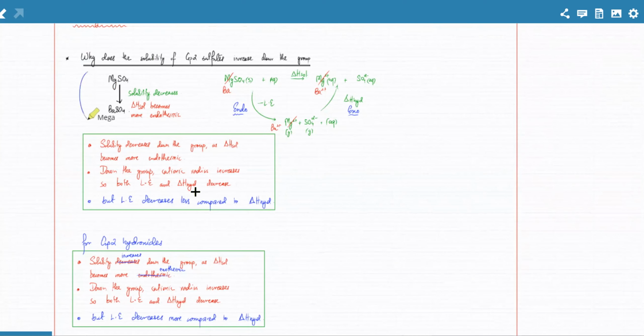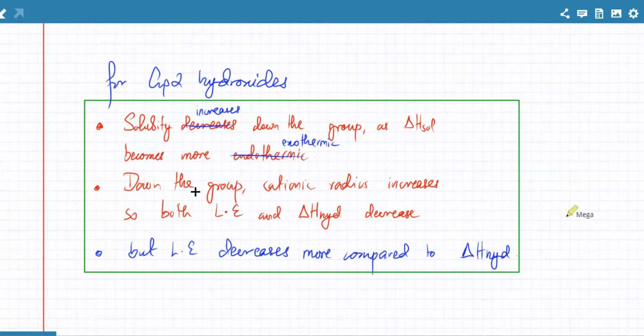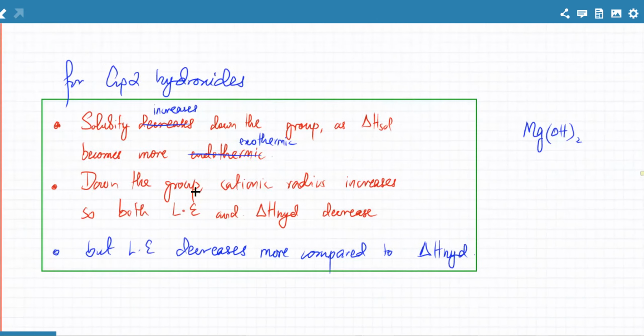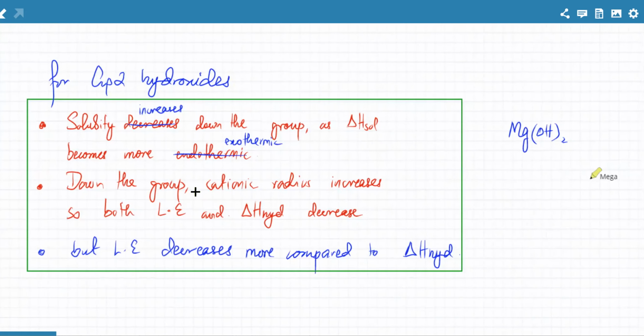Sir, would the enthalpy change of hydration increase or decrease in hydroxide? It becomes more exothermic because it's becoming more soluble. If you have Mg(OH)2, that's insoluble, so enthalpy of solution is kind of endothermic. And if you have barium hydroxide, that is soluble.